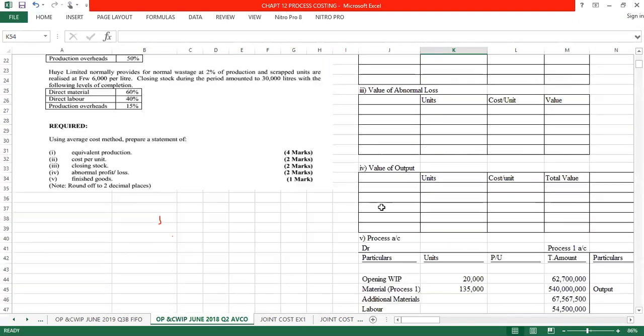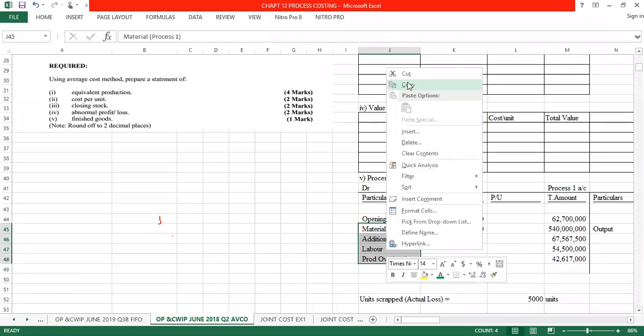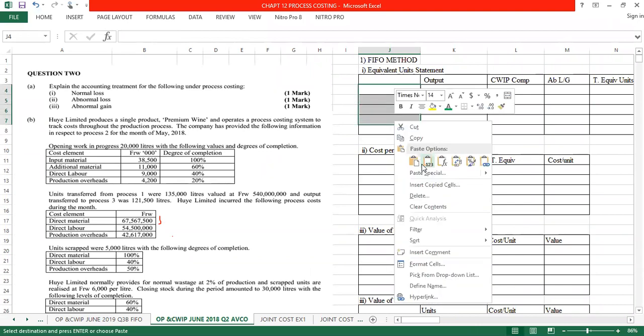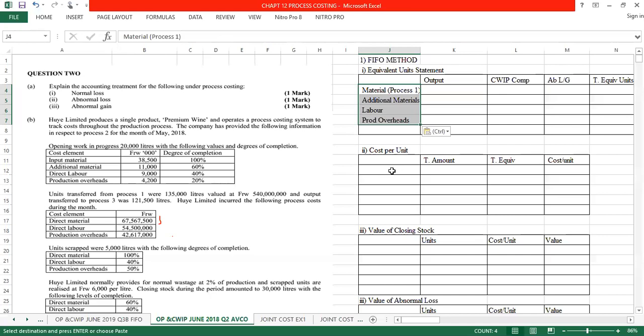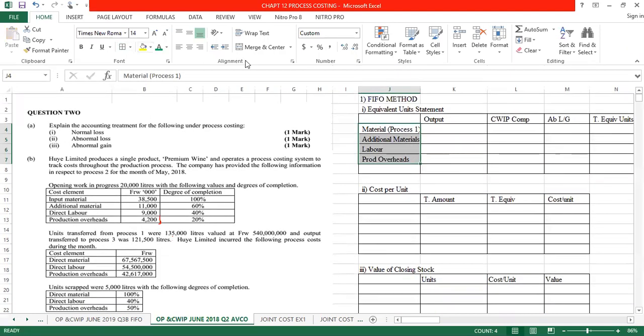So let us pick the items in the process account. There are many. Sorry, I'm just doing some editing.